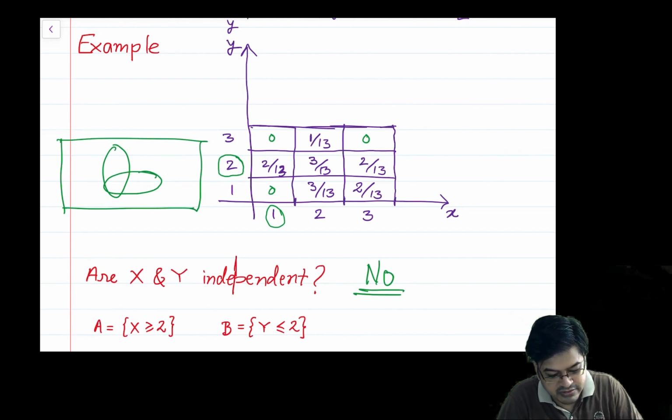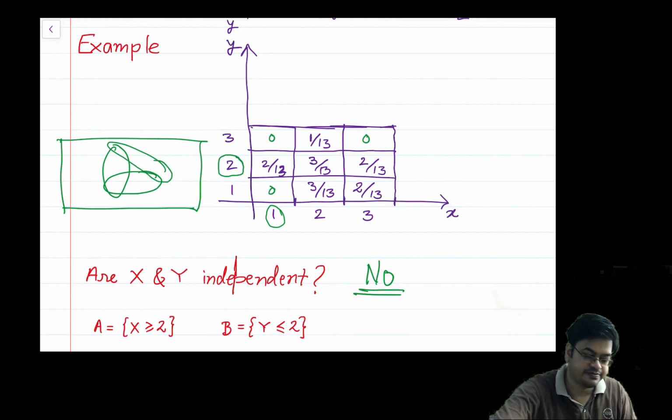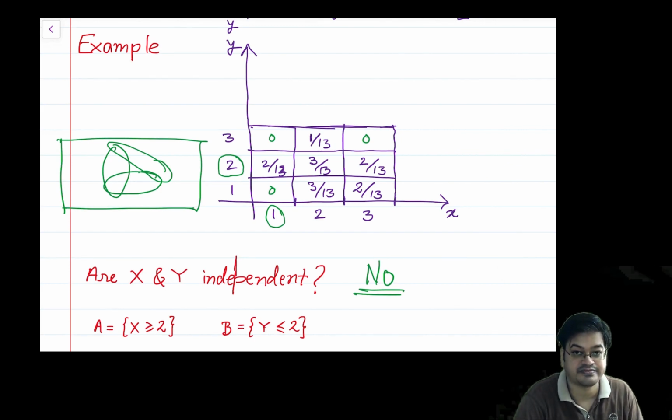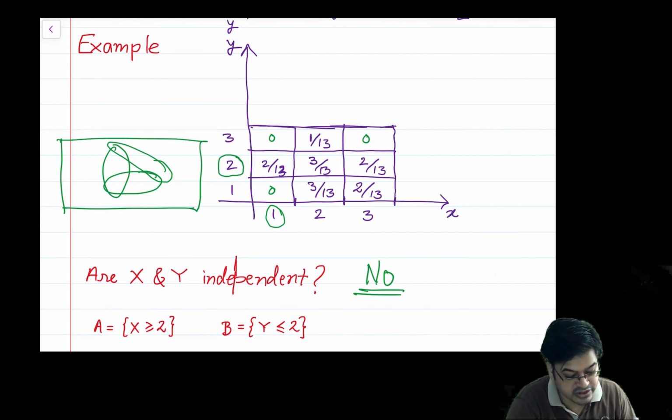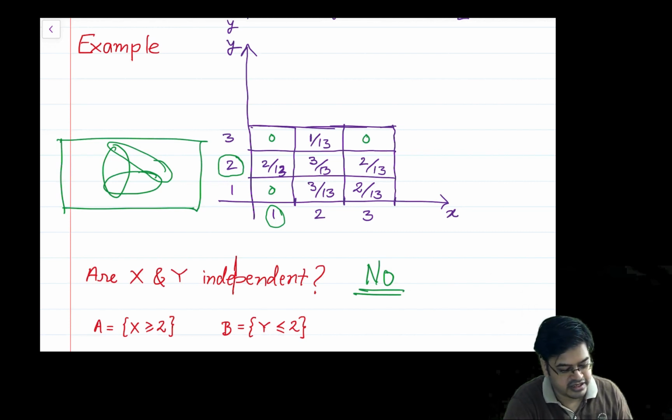Then I drew some C which didn't have any overlap between A and B, and therefore we said that these events are conditionally independent. So if you recollect that notion of conditional independence, then let us try to analyze conditional independence based on the events.